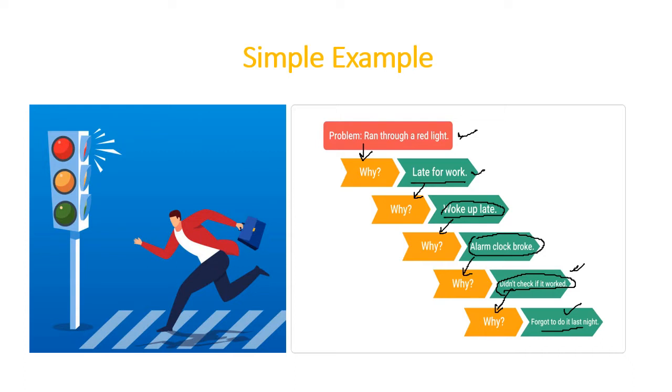So through a series of reasons we ultimately got to the root cause, and the root cause is he forgot to set his alarm clock. He needed to set his alarm clock and he forgot to set it, right? So this is a very simple example. It just gives you an idea of how the 5 whys technique works. We'll check another problem.